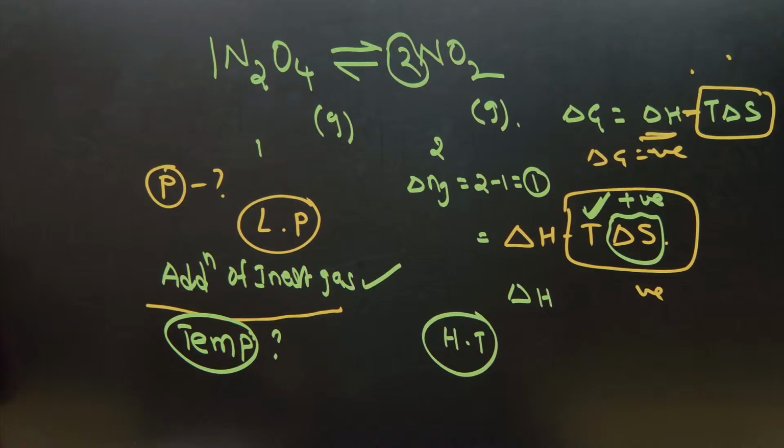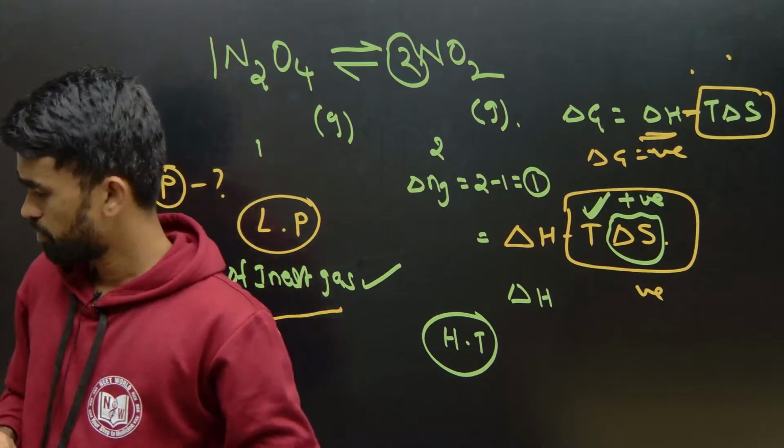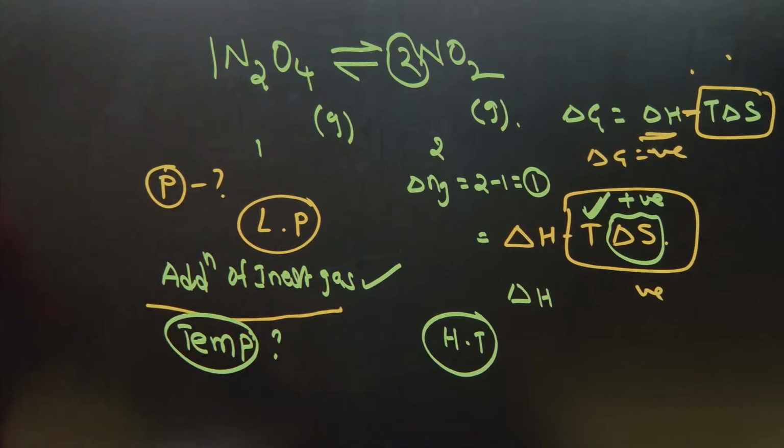H2 plus I2 gives rise to 2HI. So for formation of HI, tell me what are the favorable conditions?